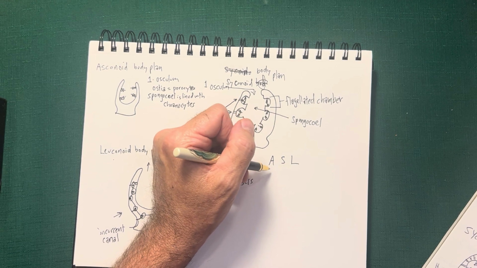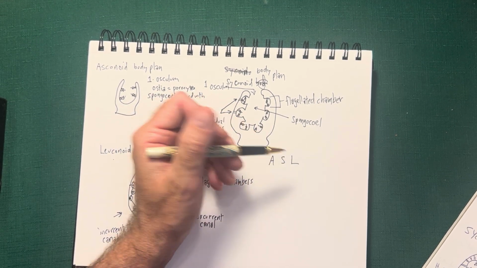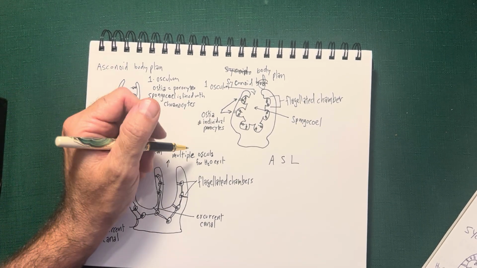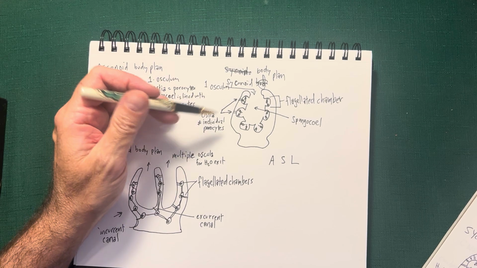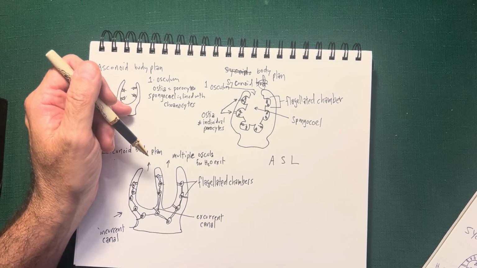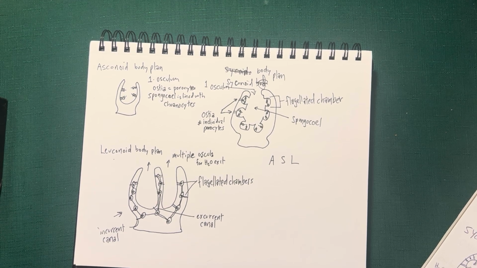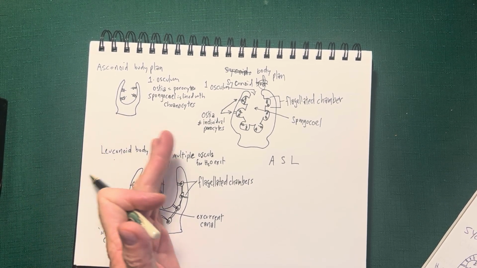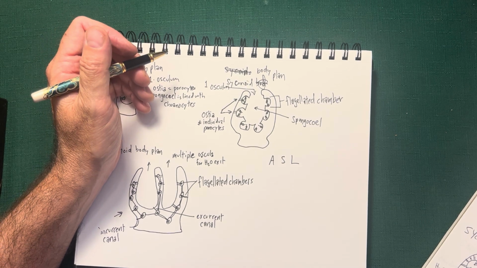So sometimes it might be hard to tell the difference between an asconoid and a syconoid sponge, or a syconoid and a leuconoid sponge. It's not as cut and dried as, are there multiple oscula? Well, it's definitely leuconoid, but you might have a leuconoid sponge that's got a single osculum. There's a gradient of change from asconoid to syconoid to leuconoid.